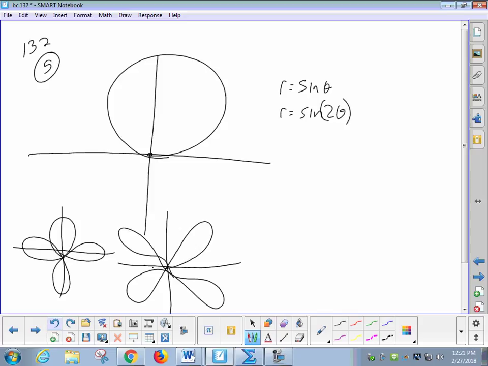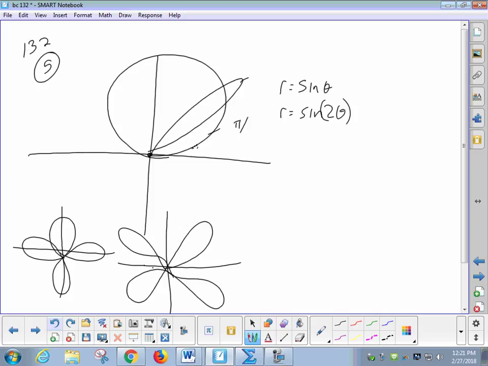It starts at 0. By the time it hits pi over 4, so doggone it, I don't know. The question is, does this go to loopy roses or not? Is it this? Or is it this? I don't know either. How are we going to answer that question? Let's look at a point.